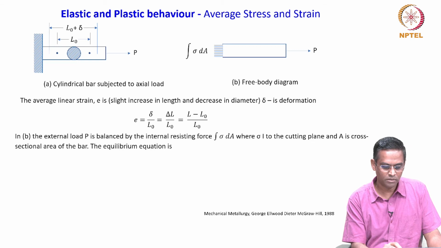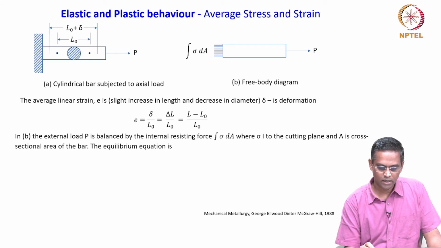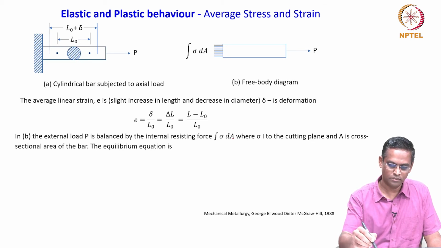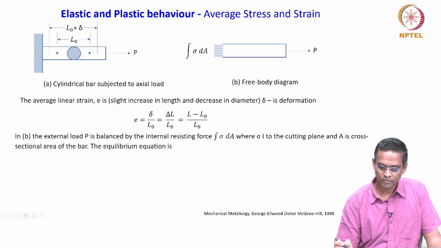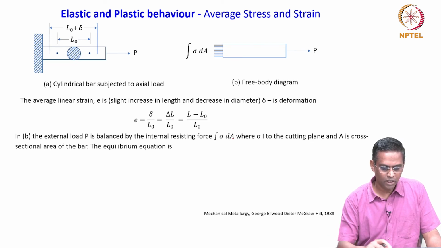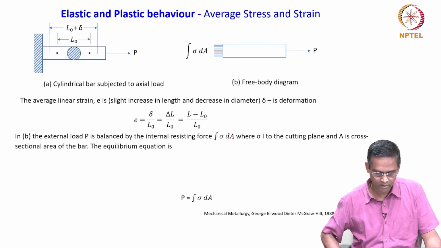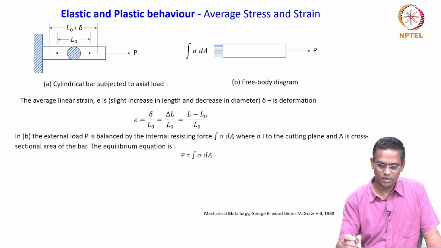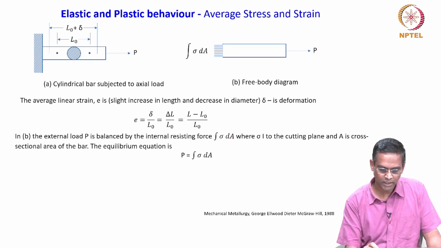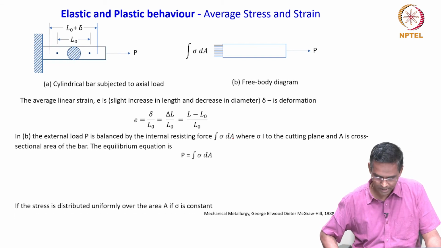The external load P is balanced by the internal resisting force, which can be an integral of the internal resisting force times the area. So, the area is dA, this particular area. So, the equilibrium equation for this particular free body diagram is P is equal to integral sigma dA, okay.